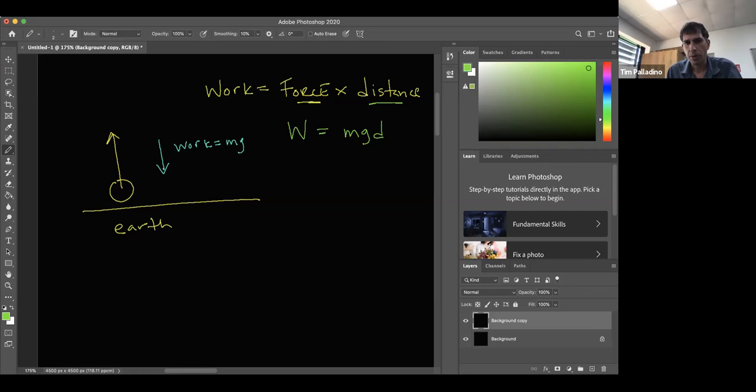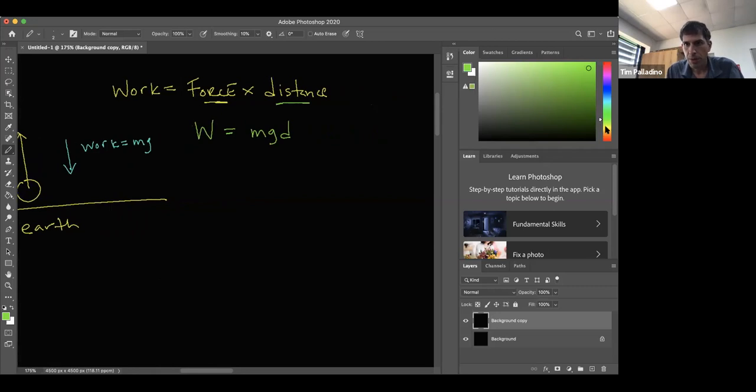All right, now this is energy, and also this is energy. This is one way to calculate the energy required to move something.